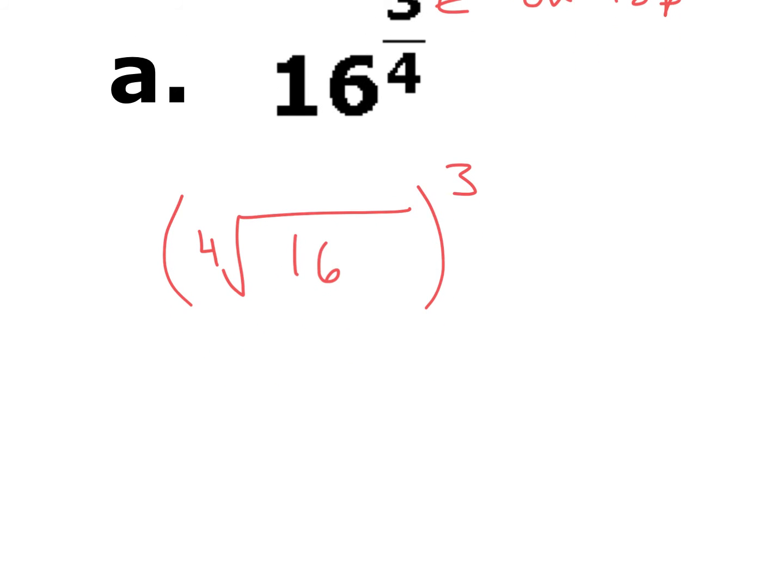Let's find the fourth root of 16. What are factors of 16? 4 and 4. 4 and 4. What are factors of 4? 2 and 2. We're circling groups of how many? 4.